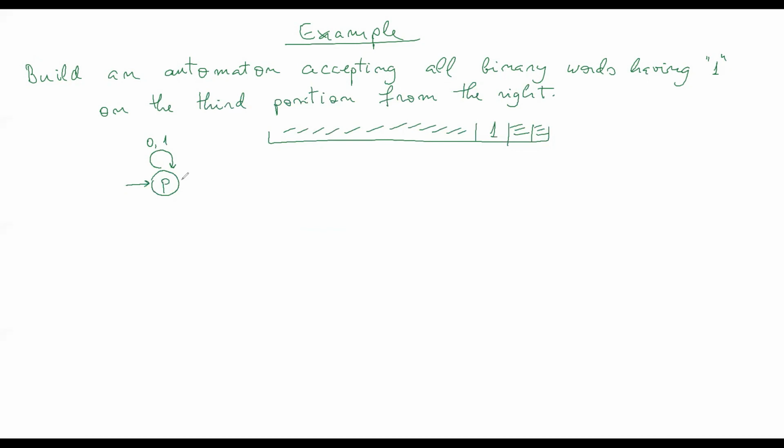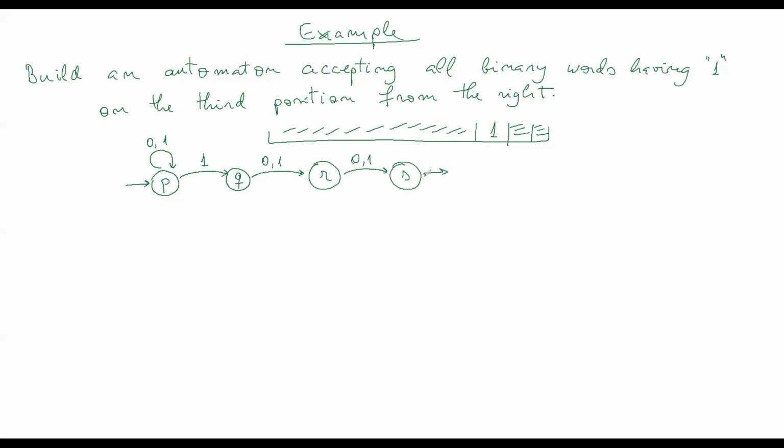And when you may be on the third position from the right, then you are going to switch the state, and that's going to bring you to a new state. So when you reach this third position from the right, you want to read 1. If there is a 1 on that position, then you're going to change state, and then you just check that this was the third from the right. So you do one more transition, and then one more transition here, and this will bring you to your final state.